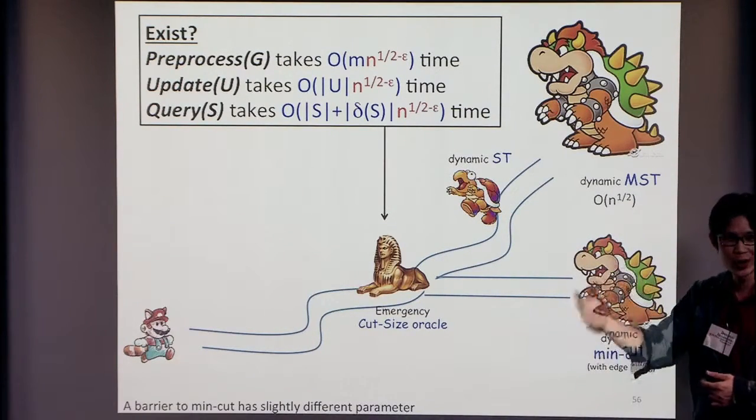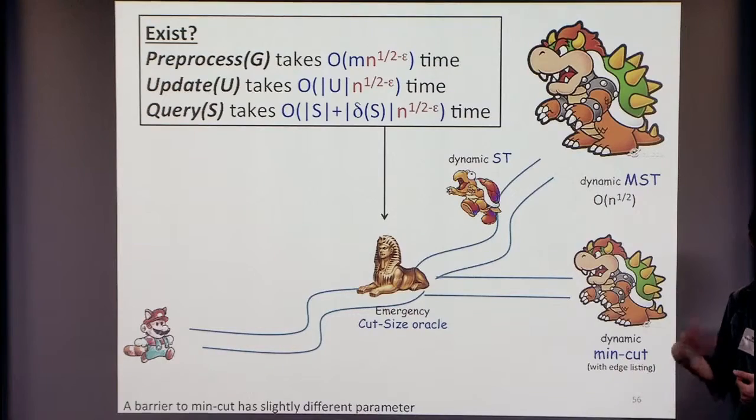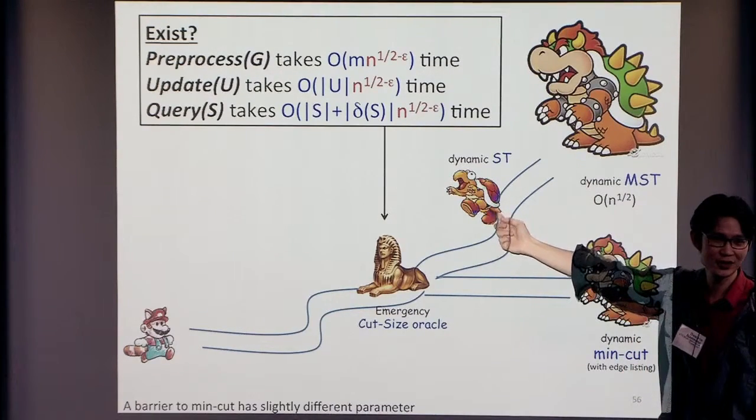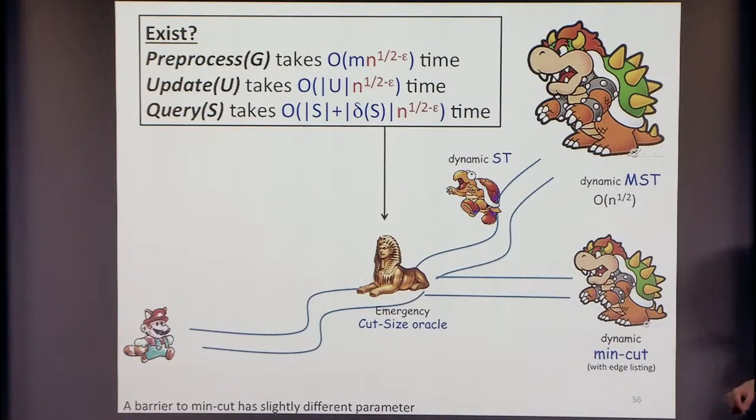If you just do the same thing as before, using the same proof, you can show that this one works too. And you can use another question, which is a dynamic minimum cut problem to solve the problem. The parameter will be a bit different, but you can show that it's a barrier too.